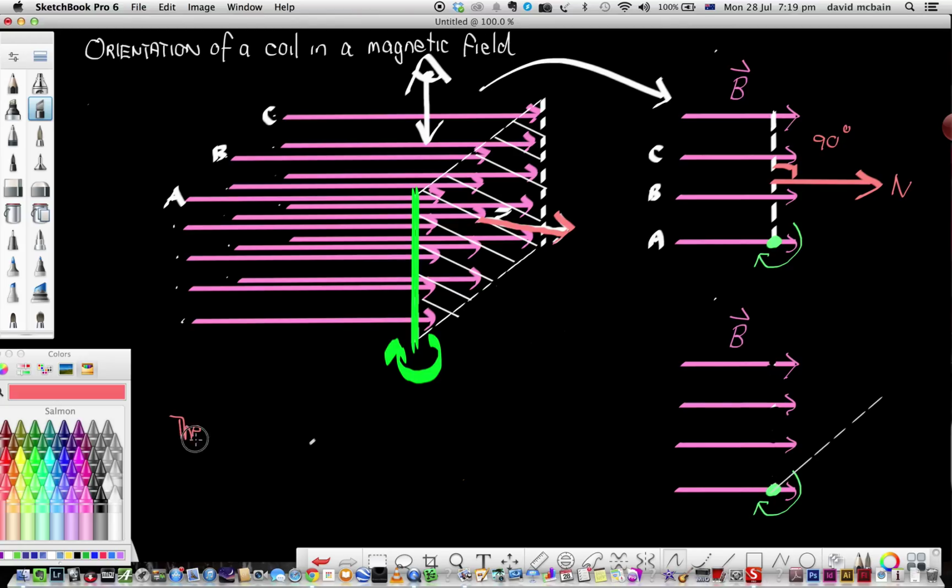The angle between the face of the coil and the normal vector is always 90 degrees.